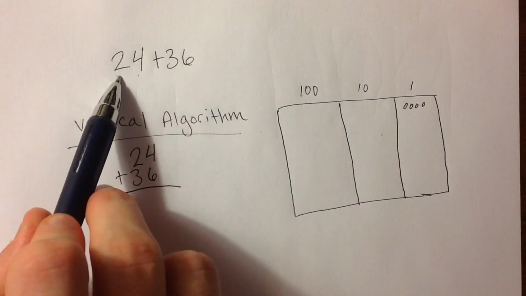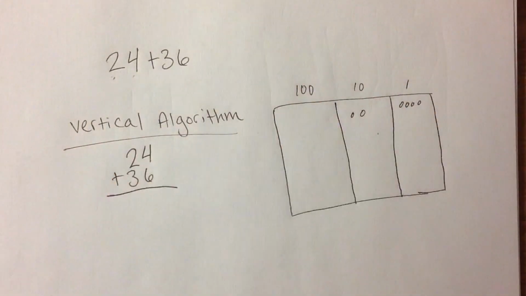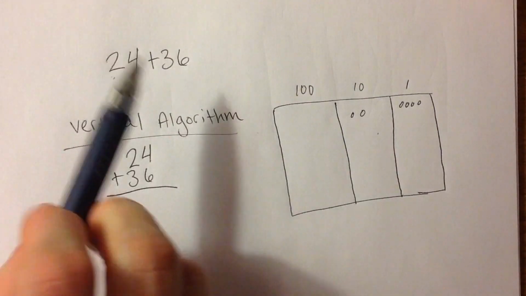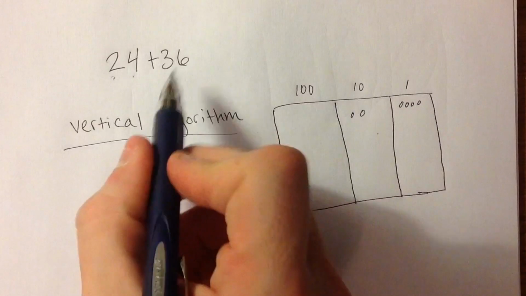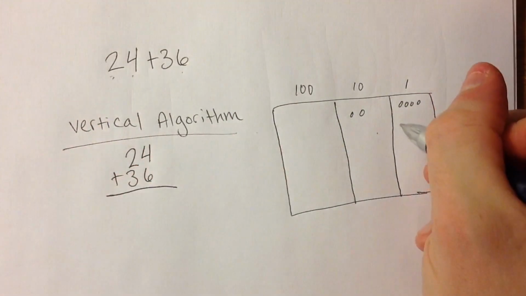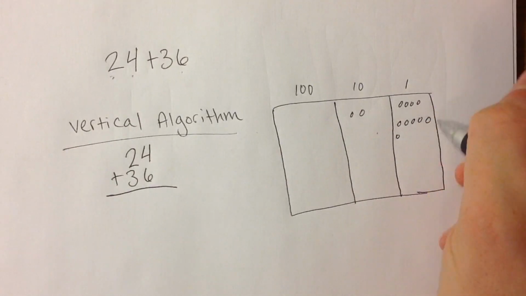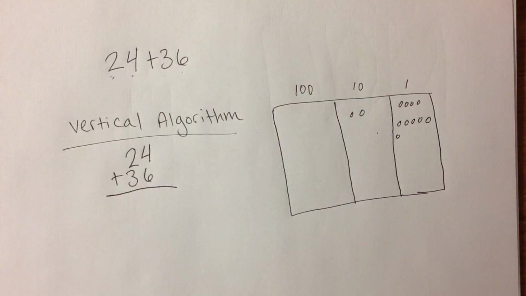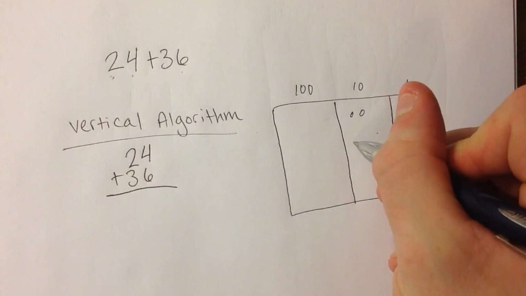The tens place, we have 2 tens, so we do 2 chips to represent the tens. Now that we're done with this number, we can move on to this one. In the ones place, we have 6 ones, and we always draw them in sets of 5 so that we can stay organized. And in the tens place, we have 3 tens.